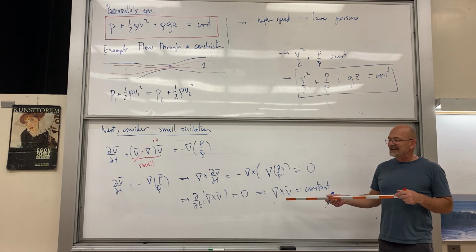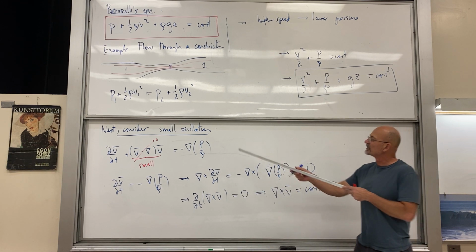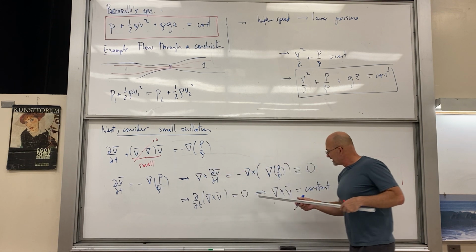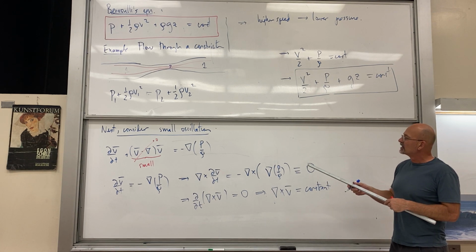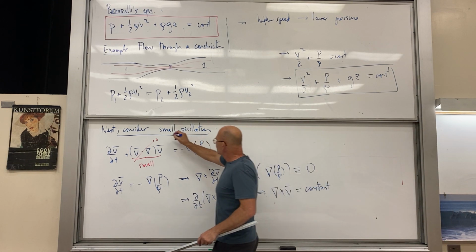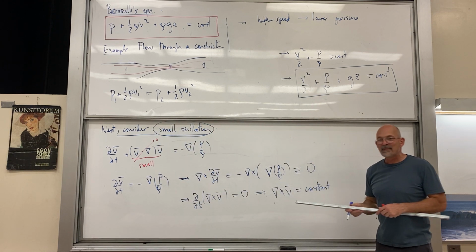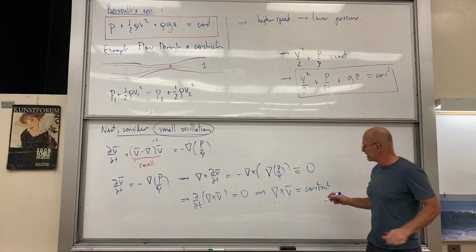So the curl of v is constant under these assumptions, namely small oscillations where these terms can be neglected. But if the curl of v is constant, what's the value of that constant? Well, because these are small oscillations, we know that the time average is going to be equal to 0.